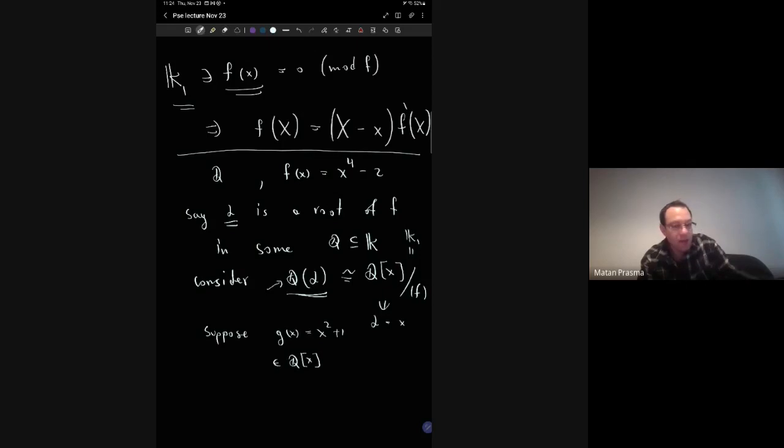So what I do, I introduce a new symbol, alpha, and I would like to consider the minimal field containing Q and containing alpha, such that alpha satisfies the relation alpha squared plus 1 equals 0.